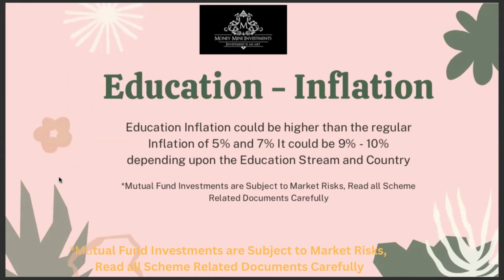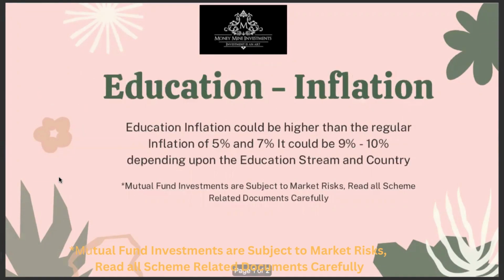Because if we consider another country, the currency value, the exchange rate, and that particular country's inflation have to be taken into account as well. It depends on so many factors, but I'm just assuming a 9 to 10% inflation rather than a 5 to 7% inflation.